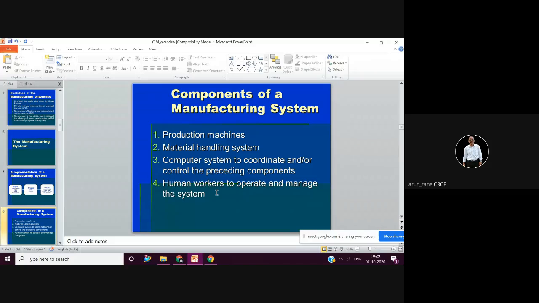Again, certain areas are risky or hazardous. So there you have no choice, but you have to go for automation, like heat treatment plants where there is a fire. Then even in medicine, where there is a danger of infection, the automation is done, like checking the patients or diseases which can be infected through touch.